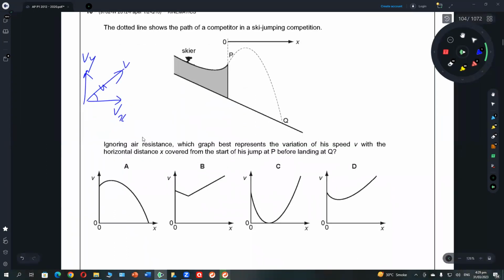And he's talking about the horizontal component. And he's talking about resultant velocity. That's a tricky part because he's not talking about vertical or horizontal velocity. He's talking about his speed v with the horizontal distance.